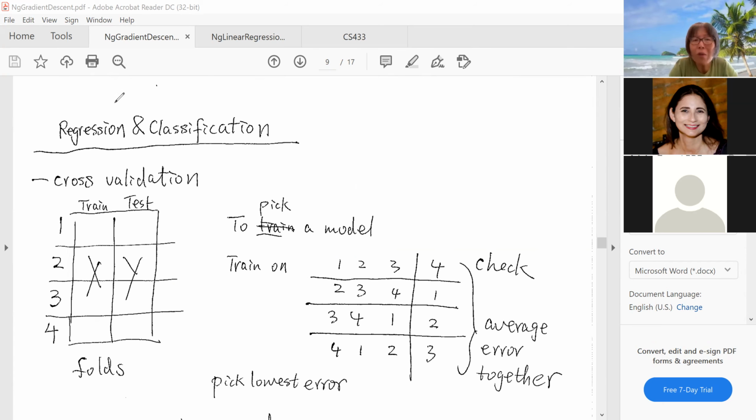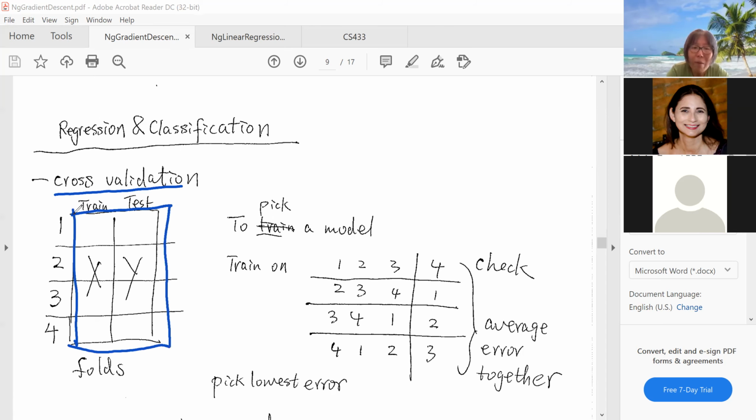So anyway, this not just applies to regression, it also applies to classification. We call it cross-validation, okay? The idea is, if you recall, we already discussed the sample space, you divide it into training and testing.